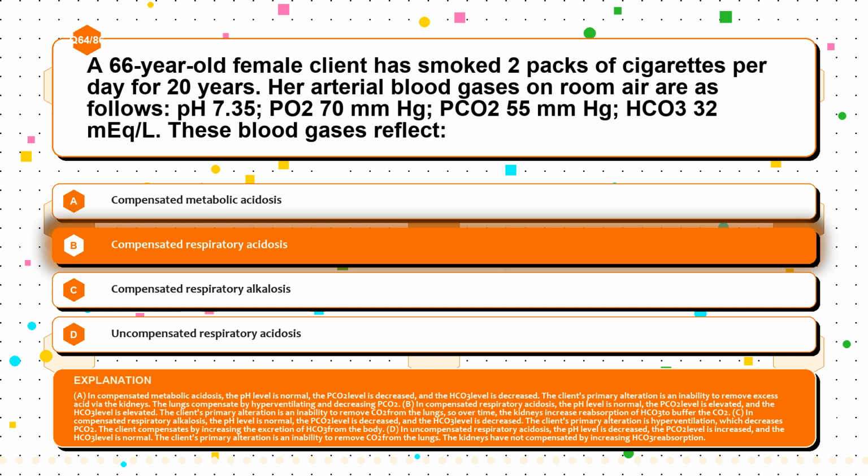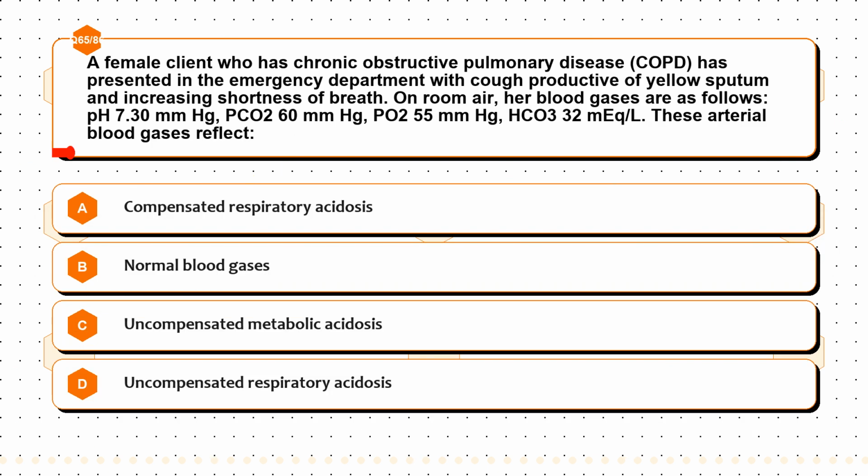In uncompensated respiratory acidosis, the pH level is decreased, the PCO2 level is increased, and the HCO3 level is normal. The client's primary alteration is an inability to remove CO2 from the lungs. The kidneys have not compensated by increasing HCO3 reabsorption.